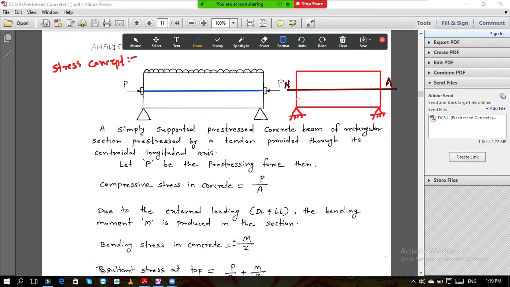Now instead of this, suppose imagine that the tendon is passing from here, and these forces will be like this. The P force. So this is your P now. Now if you see carefully, this is the tendon profile.